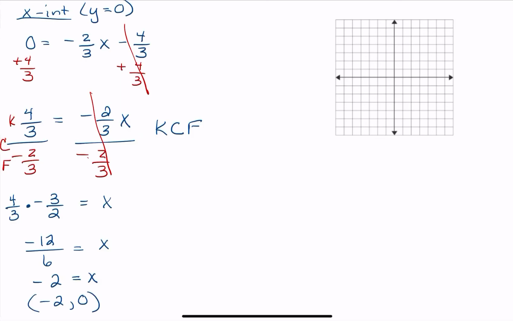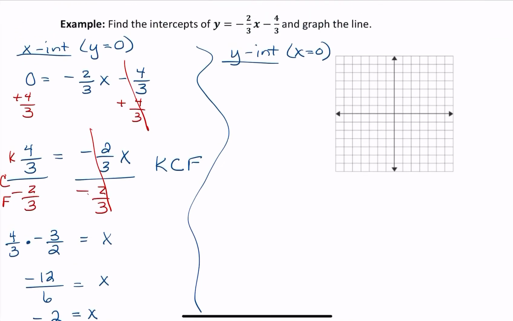Now that's the hard one. The y-intercept's a lot easier in this case. Remember, we're setting x equal to 0 for the y-intercept. So just remember, you set the opposite variable equal to 0 to find intercepts. So this one's not too bad, because when I multiply 2/3 times 0, that's going to go away and leave you with y equals negative 4/3.